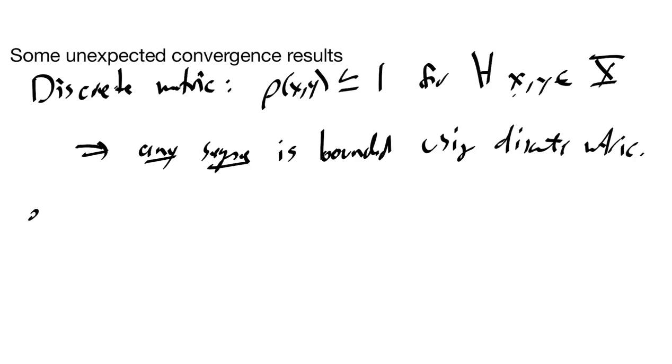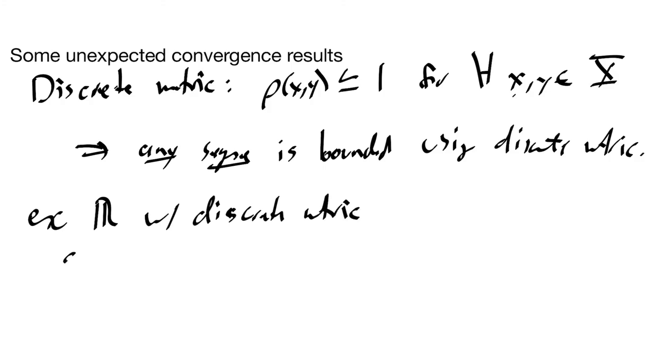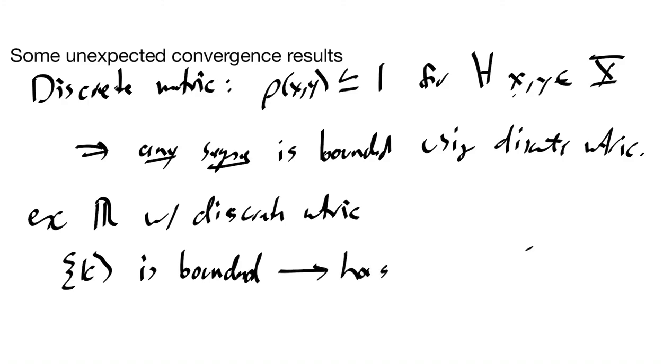I could give you an example. For example, if we're doing R with the discrete metric, then I see that this set K is bounded. But it is bounded, but it has no convergent subsequence.